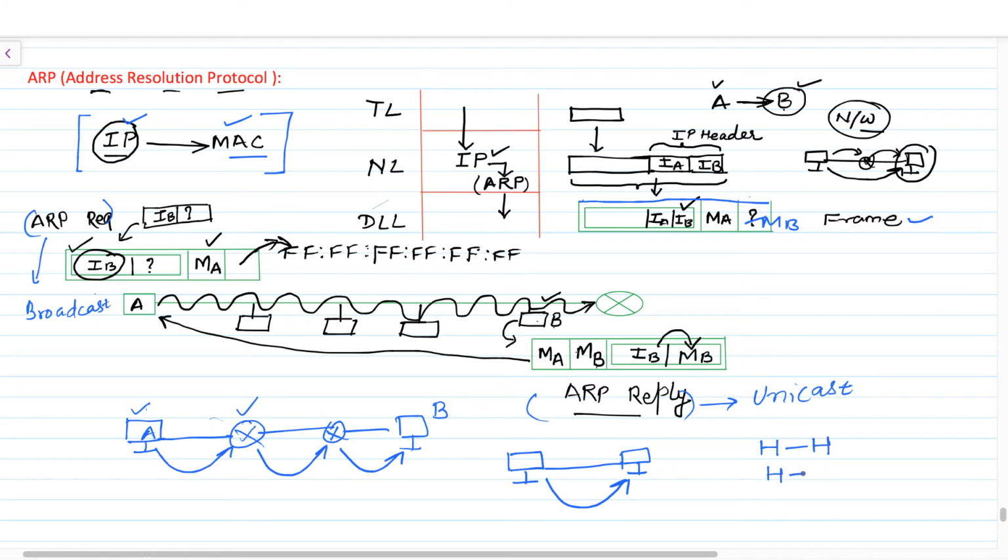It can be used by a host to know the MAC address of a router. It can be used by a router to know the MAC address of another router, and it can be used by a router to know the MAC address of a host. So these are the four possibilities where ARP is used.